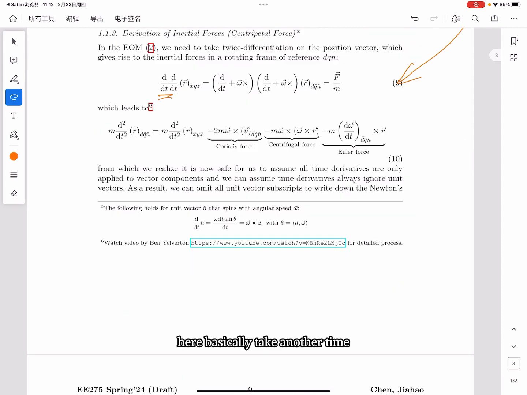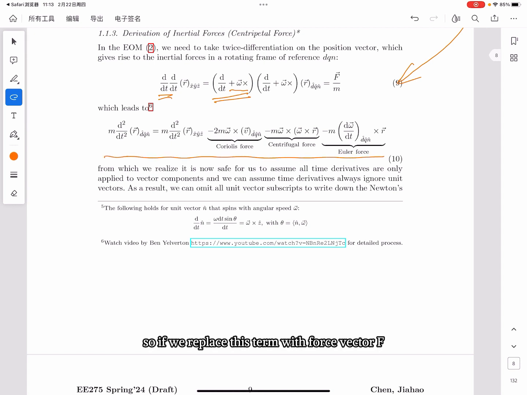Here, basically we take another time derivative in the dqn frame. And remember, we want to avoid taking time derivative of the unit vectors. That's why we use this plus omega cross term here. Finally, after some tedious derivation, we reach this result here.